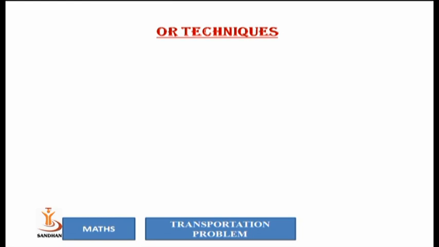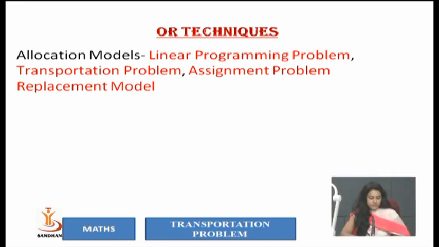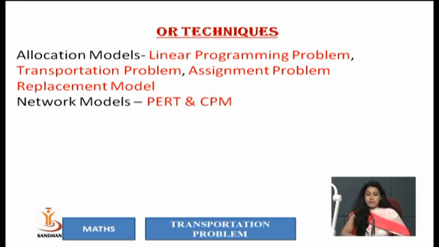There are different techniques used in the study of operations management. The models which use the act of allocation are the linear programming problem, the transportation problem, and the assignment problem. Then we have the replacement model, and networking models, for example PERT and CPM.